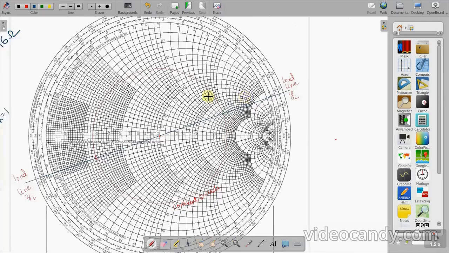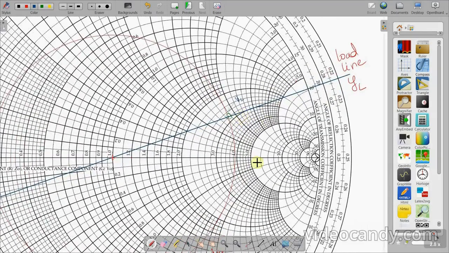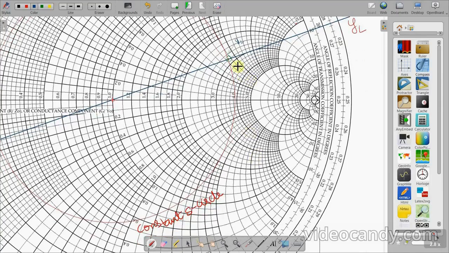Now from the load admittance line, travel towards the generator, that is in clockwise direction, and see the point where the constant S circle cuts the R equal to 1 circle.